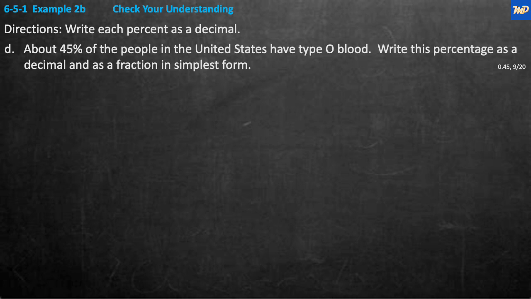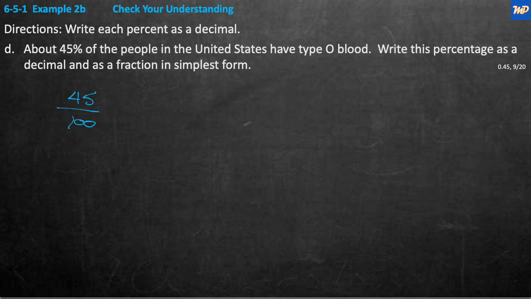So, now that you're back, it says about 45% of the people in the United States have type O blood type. Write the percentage as a decimal and as a fraction in simplest form. Oh, well, let's see what that comes out to. So we're going to write 45 divided by 100.